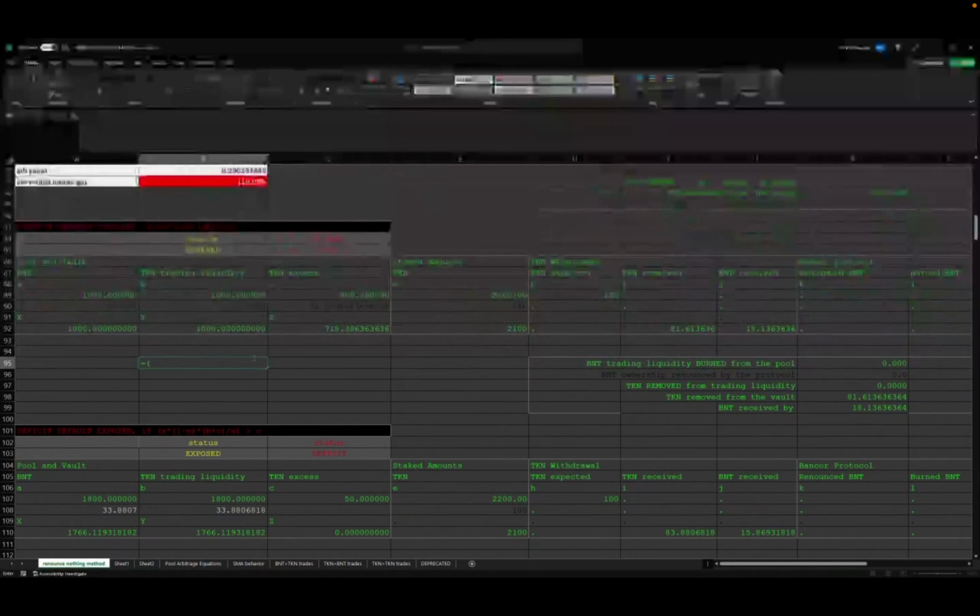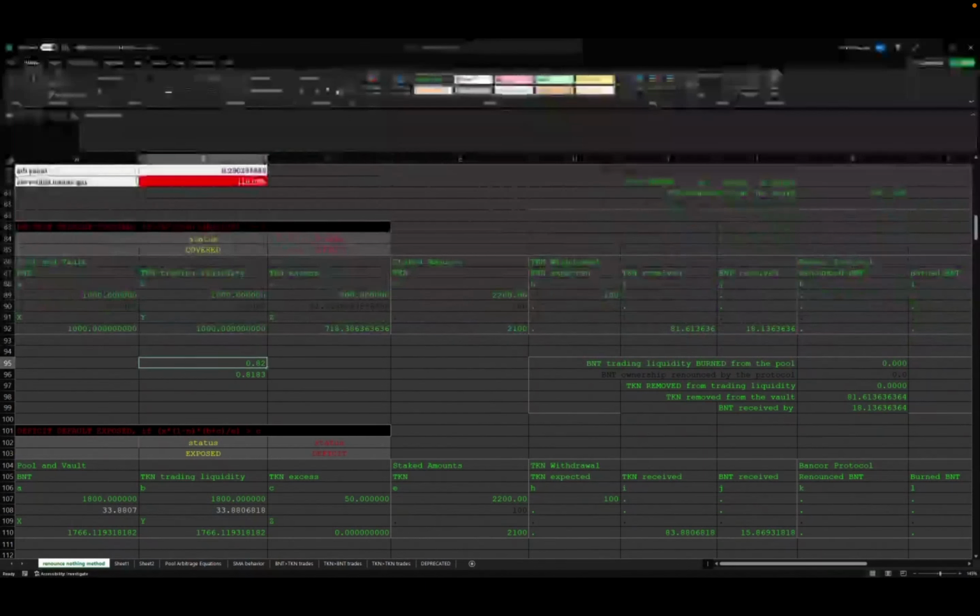So I can show you what that looks like right now. If we take this number and add it to this number and divide it by this number, we get the total deficit for this particular situation. And we want to make sure that that number is the same afterwards, so that the user performing this withdrawal isn't putting the other users at a disadvantage.